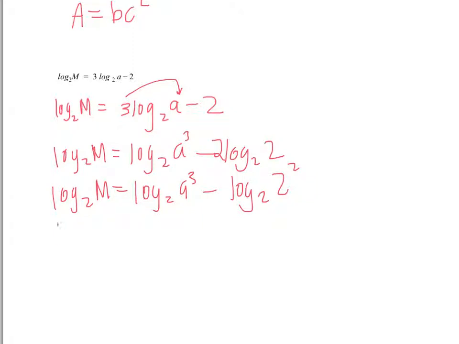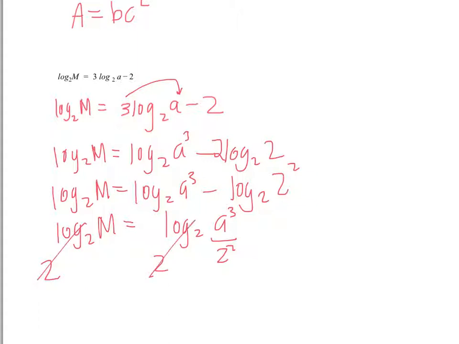Since I have subtraction, I have log base 2 of m is equal to log base 2 of a cubed over 2 squared. Right? Now, since I am at base 2, I do a 2 to that. This cancels, and I end up with m is equal to a cubed over 4.